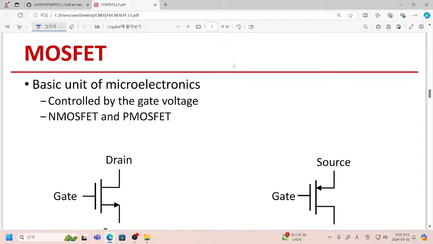So this is the basic unit of microelectronics. Of course, we have older technology like BJT. Yes, they are good, but when we consider the volume of mass production, MOSFET technology, CMOS technology, is the only choice we can have.